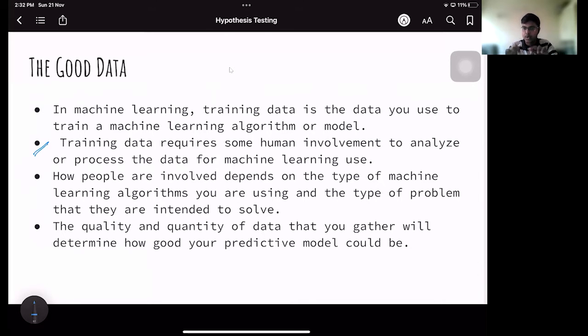Both are important, quality and quantity. If many of the data cells are missing, then that is bad quality data. And also if very few data are there, then the model prediction is not so good. So both quality and quantity are important.